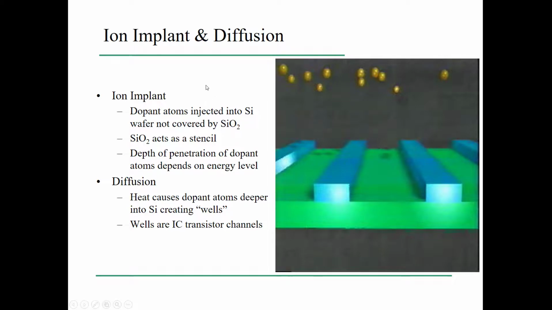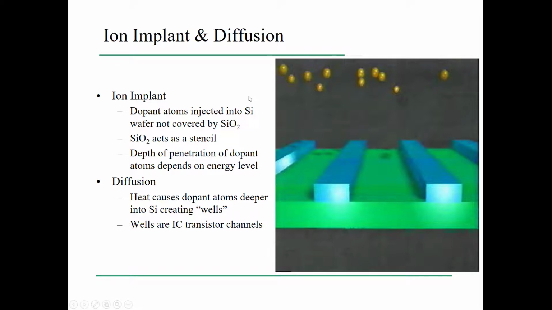So this stage here, the ion implantation and diffusion, this is how the N-type or P-type regions that will end up being what are called the transistor channels are developed.